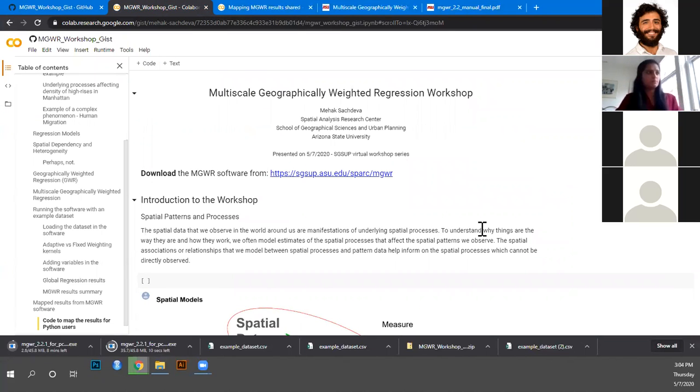Is anyone having problems with the gist, or can everyone see the material that we are looking at the shared screen now? All good. Okay, I'm gonna assume everything is fine until there is a problem. So just feel free to talk in or interject me.